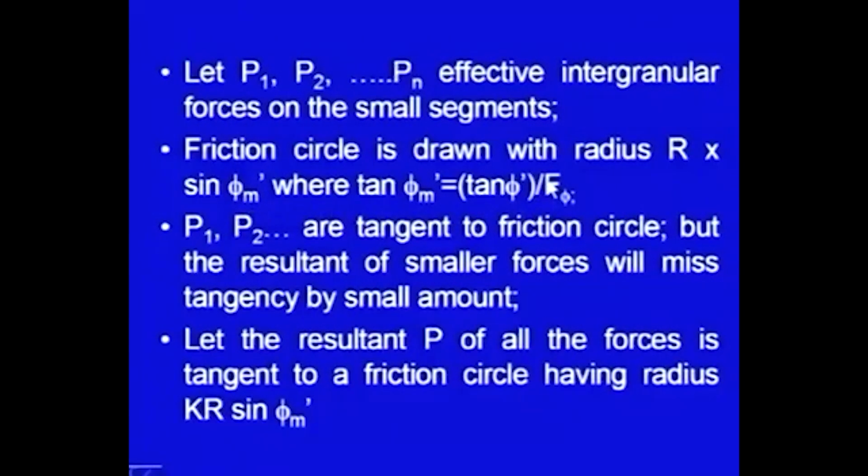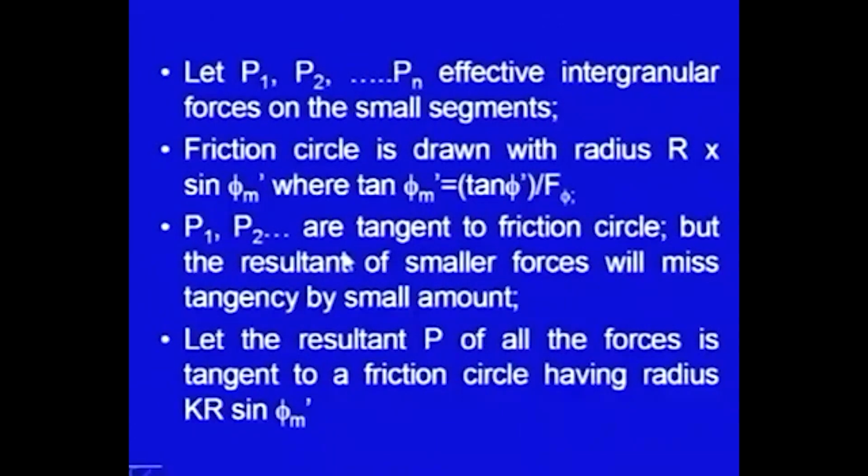So, the radius will be r into sine of phi m', where tan of phi m' is equal to tan of phi' divided by F phi. This is the factor of safety against friction, and factor of safety against friction is defined as tan phi' divided by tan phi m'. So, here tan phi m' will be equal to tan phi' upon F phi.